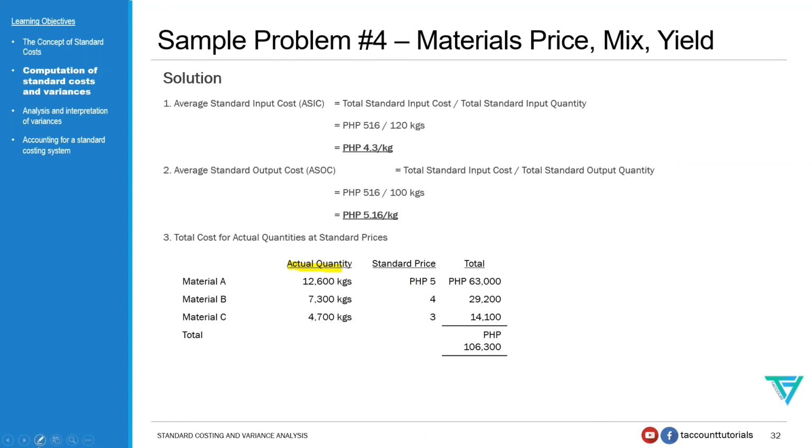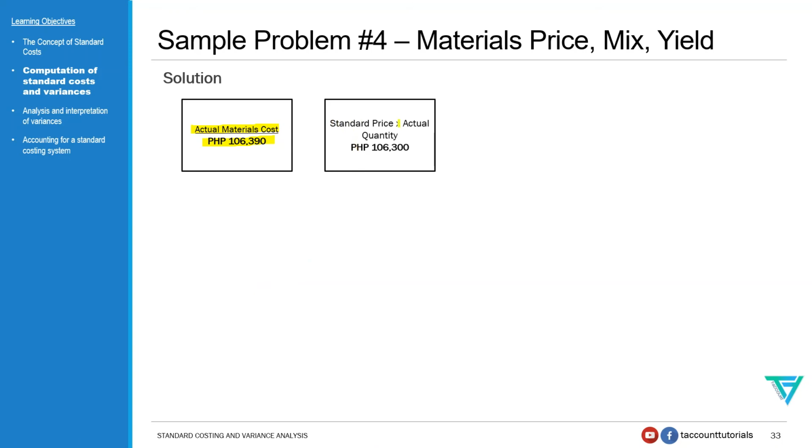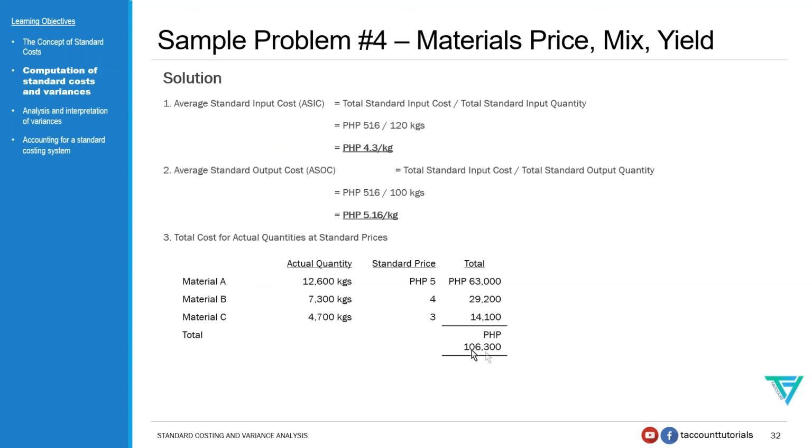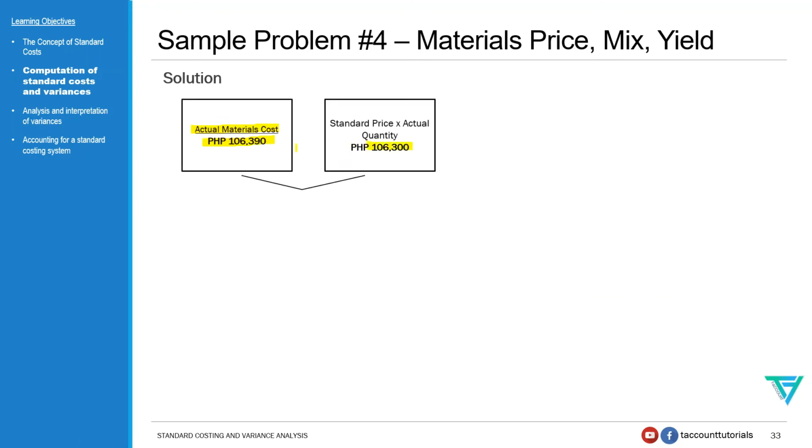With that we get a total of 116,300 pesos. Now we can proceed to plot everything in our visual diagram. We have actual material cost here, 106,390. We have standard price at actual quantity here, 106,300. So we plot that as well, and we can immediately get the total price variance of 90 pesos unfavorable.